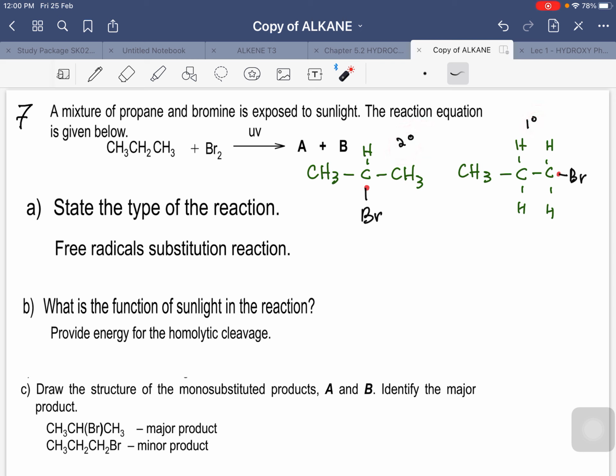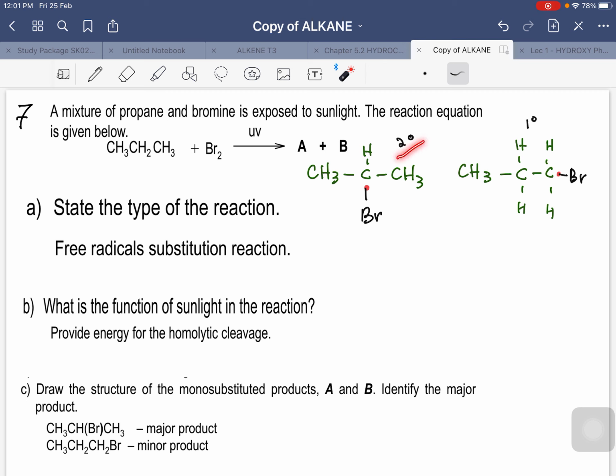It is due to the presence of more alkyl groups, which are electron donating groups, that keep donating electrons to the carbon with the unpaired electron. The primary free radical only has one electron donating group, so only one donor donates electrons to the carbon with the unpaired electron.